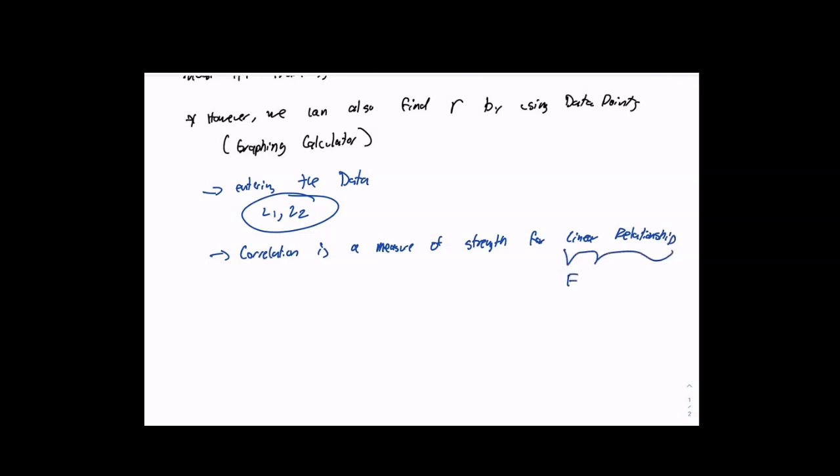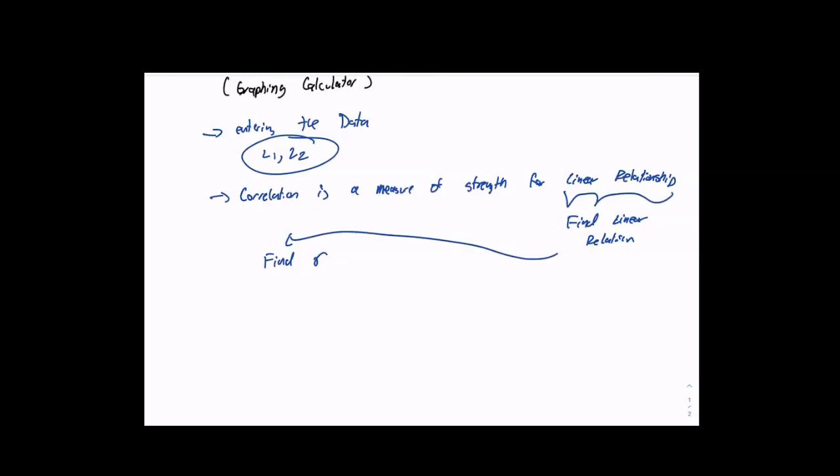As such, we need to find the linear relationship in order to find R. So you have to ignore what's going to be showing here, because right now we're not going to use it. But the R is based on those values.